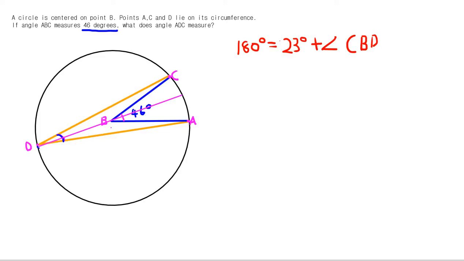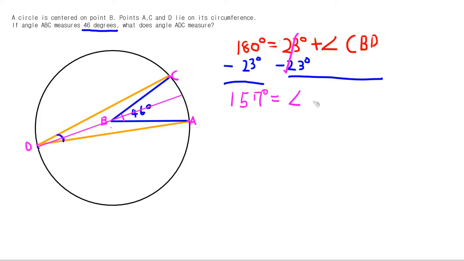We can subtract 23 from both sides in order to isolate CBD on the right side, and the 23 degrees cancels out on the right side. So 180 degrees minus 23 degrees is equal to 157 degrees, and that should be equal to the angle CBD. So this angle right over here is 157 degrees.